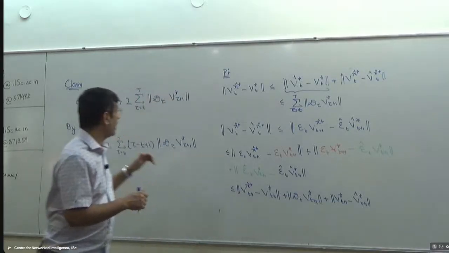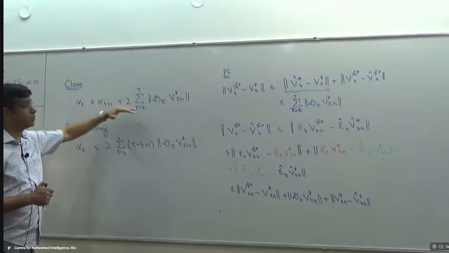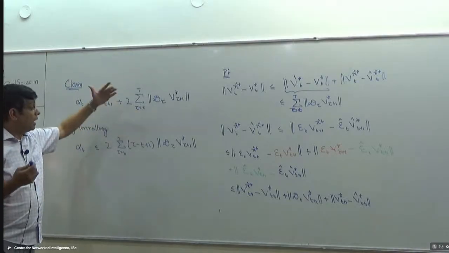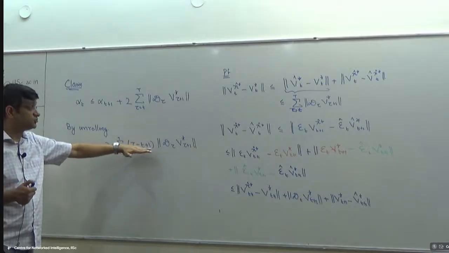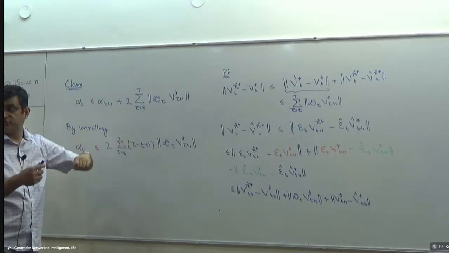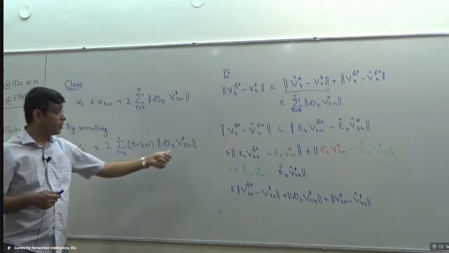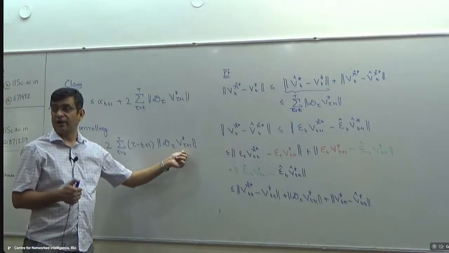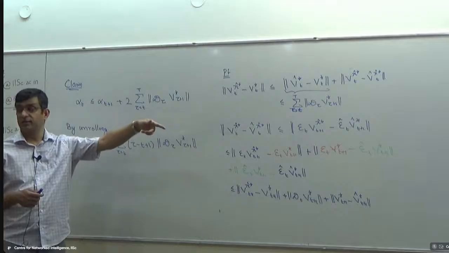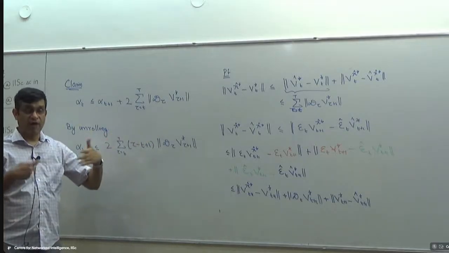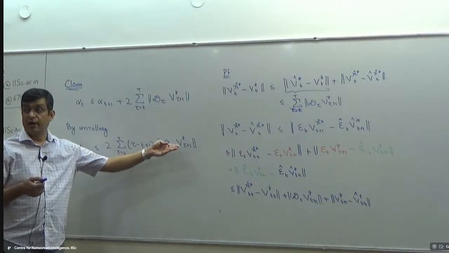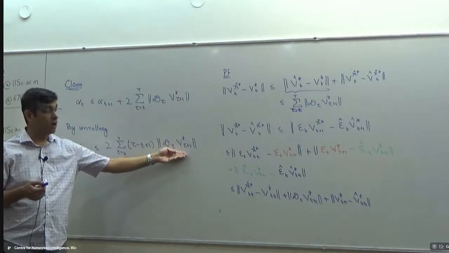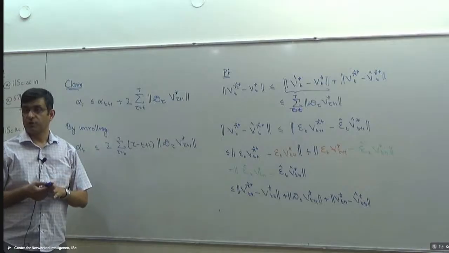And I get a recursion on this error, which is of this type, which gives me this additional linear dependence. This is never a useful bound if I am just interested in doing model approximation, because I do not have access to V star at all, plus this is a looser bound than the other one. But if I wanted to use results from concentration inequalities and so on, it's easier to use this version of the bound than that version of the bound. Okay.